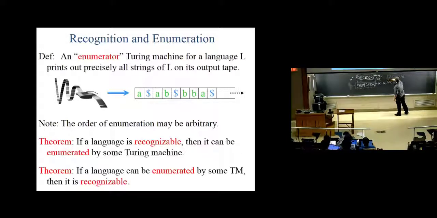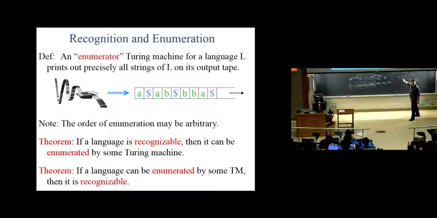So here's a recognizer, and in comes some string, right? And I can either say yes, or I can say no, or I can say run forever. So now both of these are options. So a recognizer is different than a decider in that it's allowed to run forever.